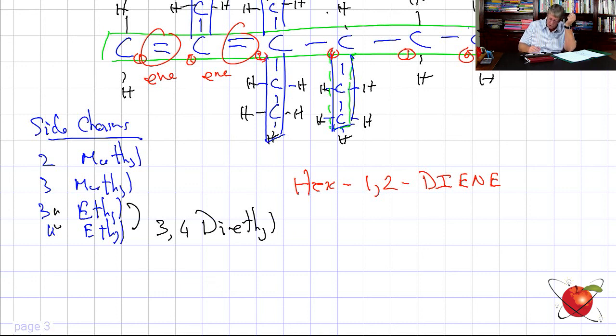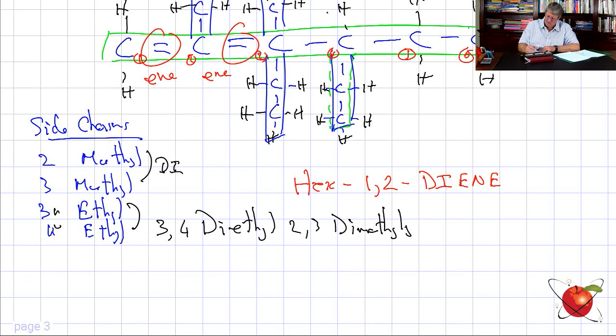Diethyl means there are 2 ethyls, and this is a dimethyl, because there are 2 of those. 3,4-diethyl, 2,3-dimethyl. This is in alphabetical order. E comes before M. So the ethyl before the methyl. All right? So 3,4-diethyl, 2,3-dimethyl. That's basically how we put them in. Hex 1,2-diene. Okay? What a flippin' thing, huh?